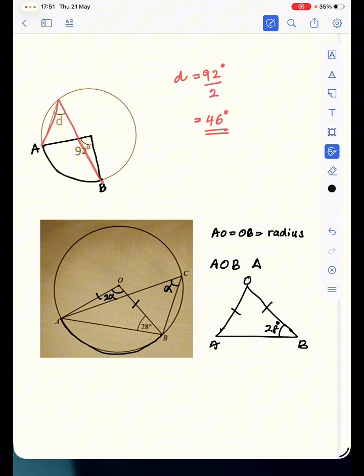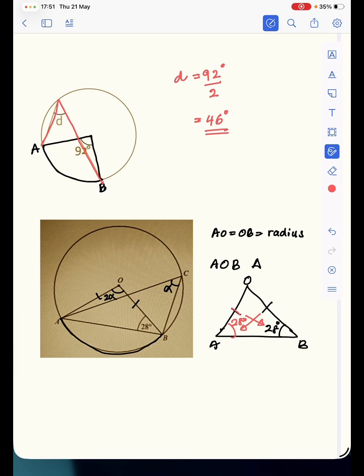And the theorem says the angles in front of the legs are equal. For this leg, this is the front angle, and for this leg, this is the front angle. So these two should be equal. That is the theorem for isosceles triangles. The opposite is also true: if we have two equal angles, the legs in front of those two are equal.